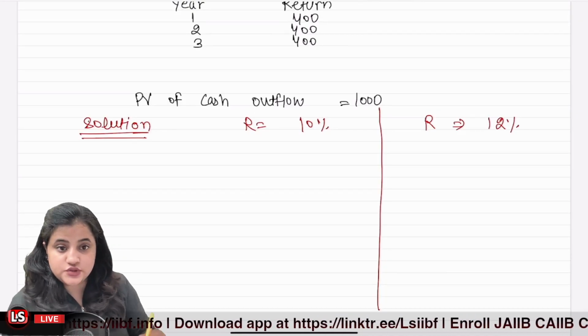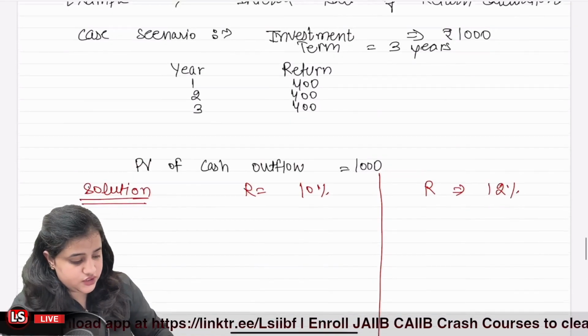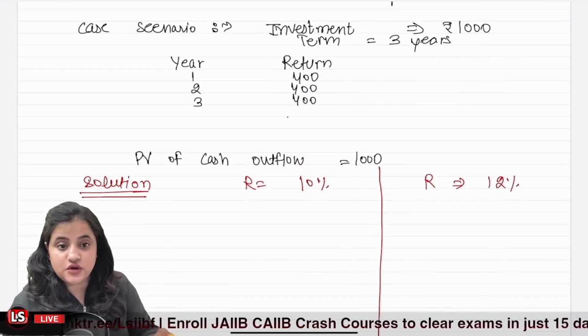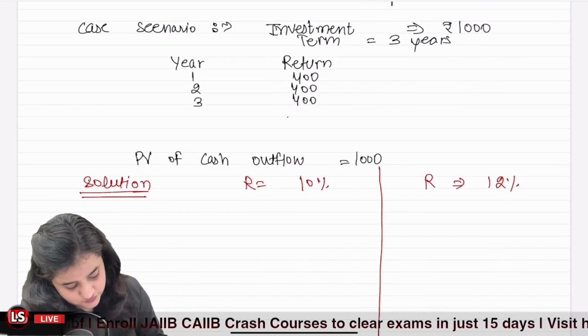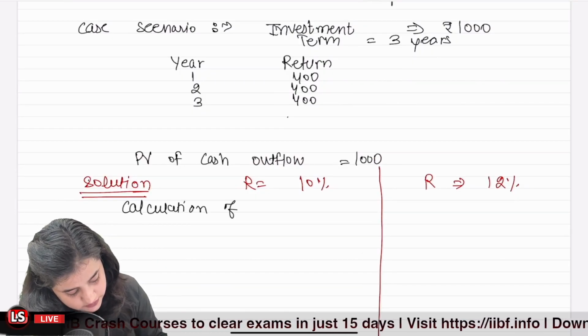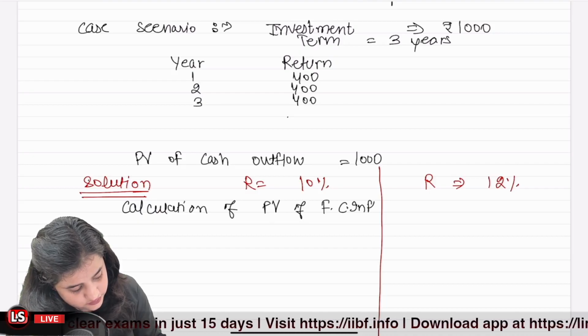We know the steps to calculate NPV. First, we calculate the future cash flow. Now, here we already have our future cash flow. The second step is calculation of present value of future cash flow. So, calculation of PV of future cash inflow.